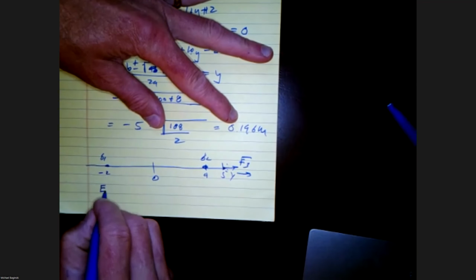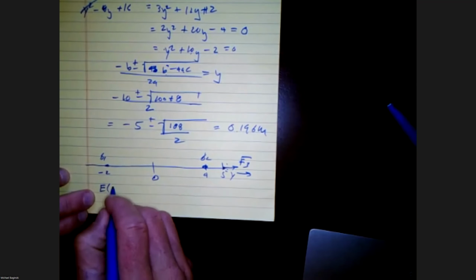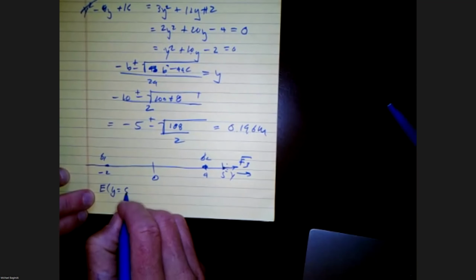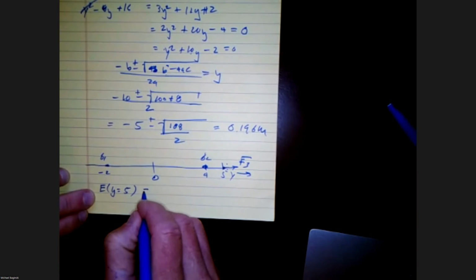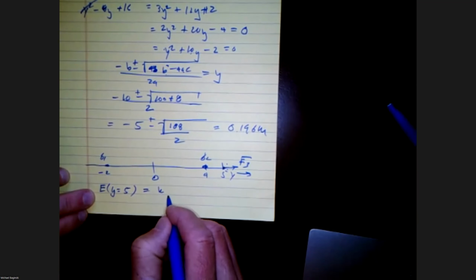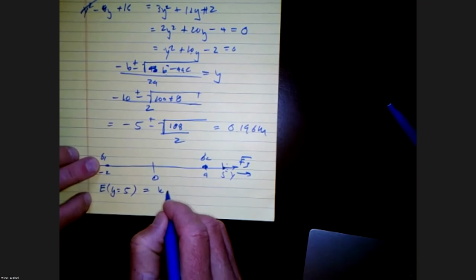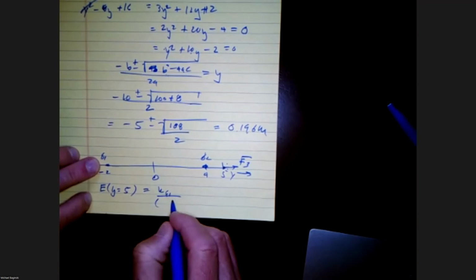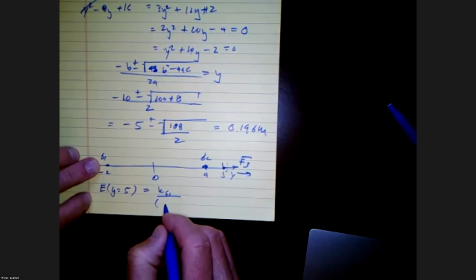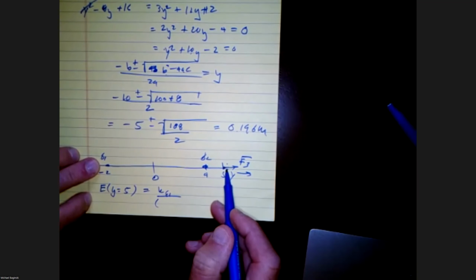So the electric field at this point at Y equals 5, they're both positive. So it's K, then it's going to be Q1, and I think some of you just put down 7. So the position here is 5.